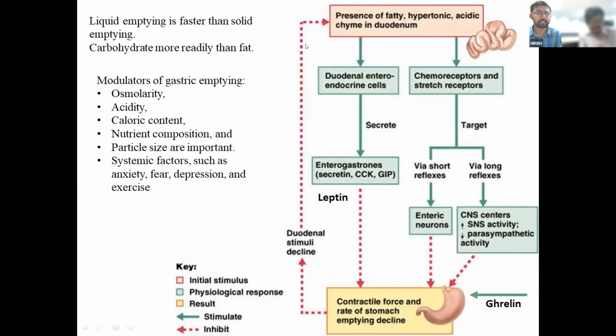And finally, we come to gastric emptying. In gastric emptying, we see that liquids empty faster than solids, and carbohydrates empty more readily than fat. And there are many modulators of gastric emptying, such as osmolarity, acidity, caloric content, etc. Now here we see that if there is presence of improperly digested fatty food in the duodenum, or hypotonic food or acidic chyme, then this stimulates the duodenum to release enterogastrones such as CCK, GIP, and leptin.